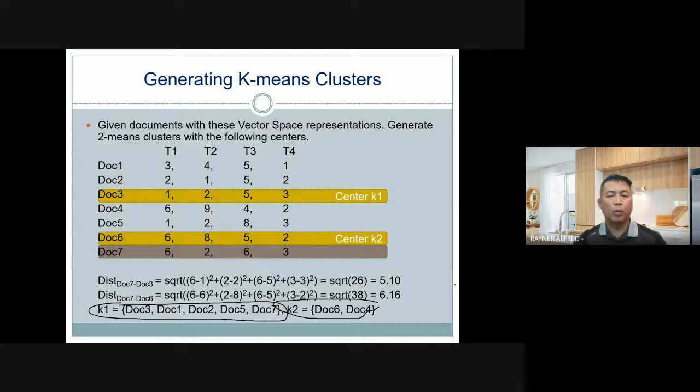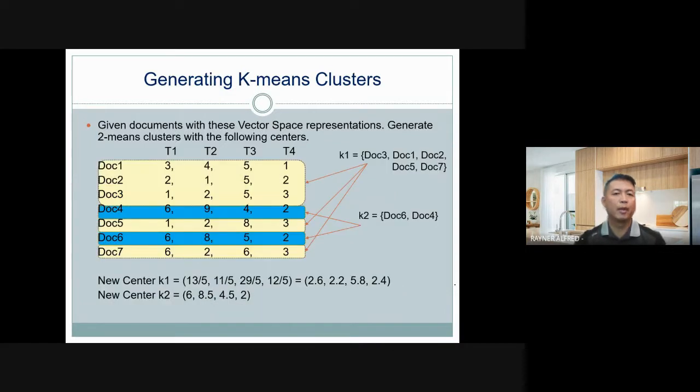So what we want to do next is find the new center. We add up all these numbers that belong to cluster 1, and we divide by 5 because we have 5 members here. This is actually taking the average. This one is divided by 2.